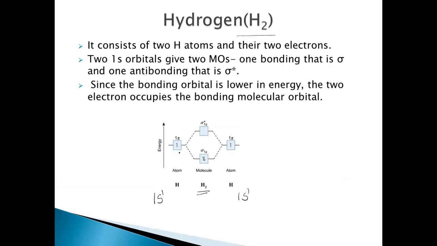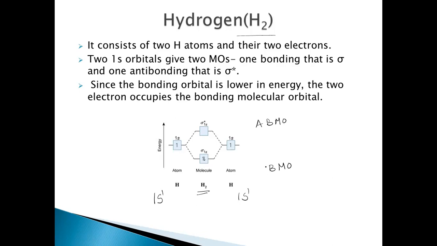Right? So the linear combination of atomic orbitals, or LCAO method, combines the 1s orbitals, resulting in the formation of one bonding molecular orbital, BMO, and one antibonding molecular orbital.